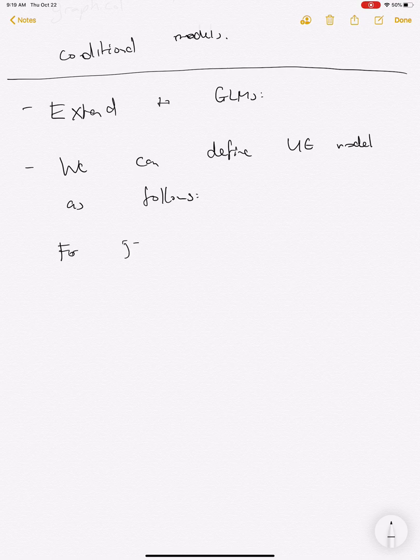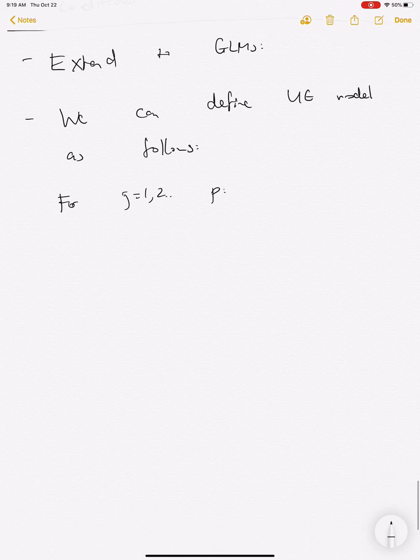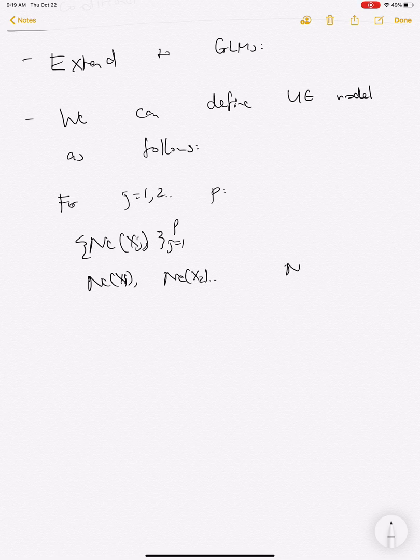For j equals 1, 2 up to p, we have the sets of neighborhoods of xj: the neighborhood of x1, neighborhood of x2, up to the neighborhood of xp.